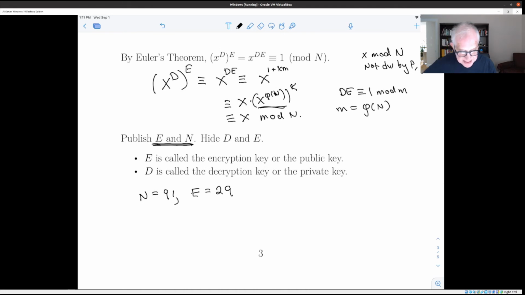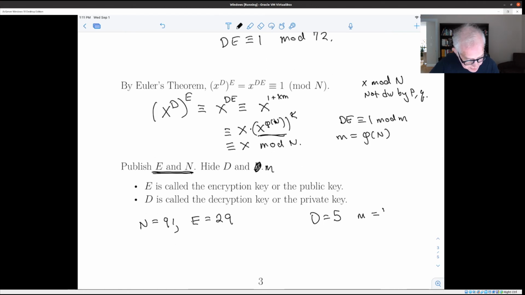And we would keep secret D, which is 5, and M, which is 72. Now, just to be really clear, you're never going to need M again. So you should probably destroy all copies of M. You really just need N and E to be public, and D you keep secret.